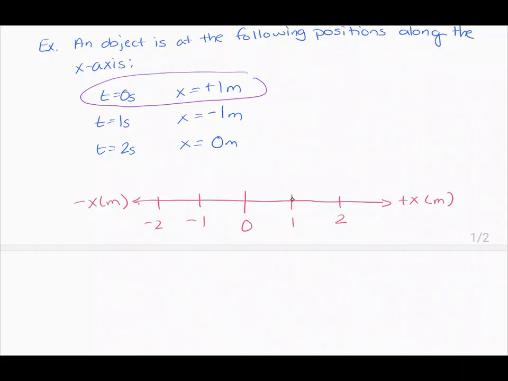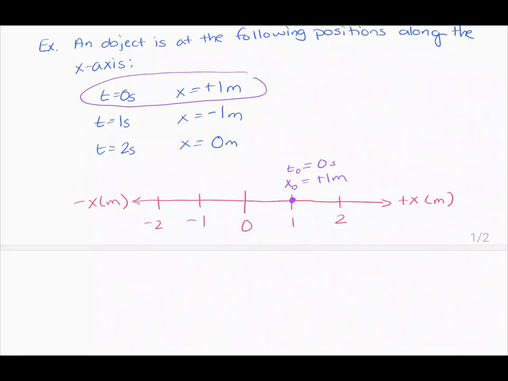So I'm going to draw a dot here at +1 meter. And I'm going to call this position x0 and t0. The 0 represents at the very start. At t equals 0, t0 is 0 seconds, x0 is our +1 meter. So I'm going to use the subscript 0 to represent I'm looking at my very start at t equals 0.